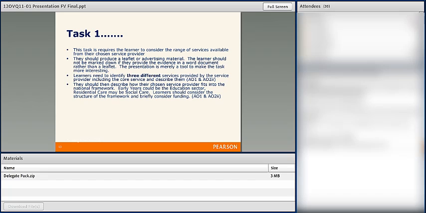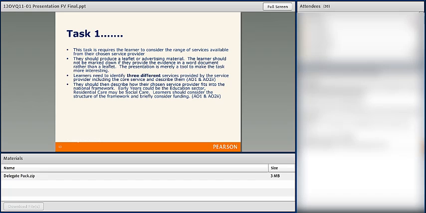The second bullet point then requires them to describe how their chosen service provider fits into the national framework. Early years could be the education sector, residential care, maybe social care, and you will need to decide which sector it fits into.